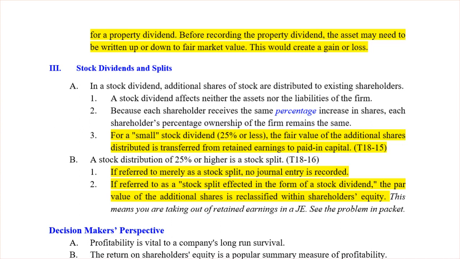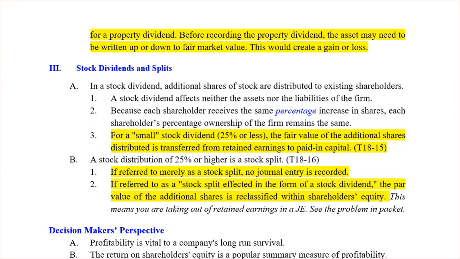So if you're going to do a stock split or you're going to do a stock dividend, you're going to use the phrase effected in the form of, and that's going to be what the journal entry looks like. Whatever it says, effected in the form of. If it's a stock dividend, it says effected in the form of a stock dividend, as this one does in 2, then it's going to come out of retained earnings.